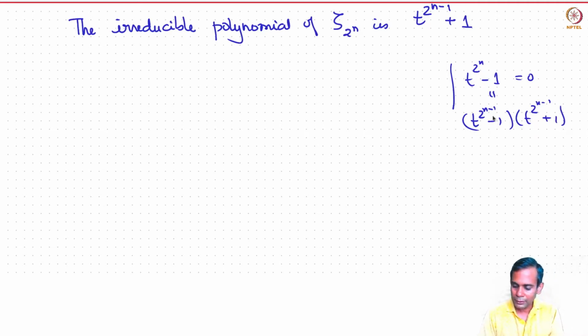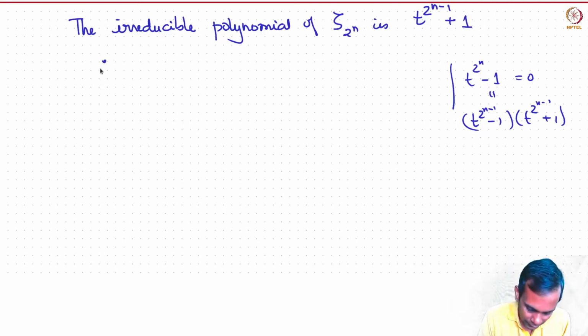The first factor factorizes further and further, but this one turns out to be irreducible by applying Eisenstein's criterion after substituting t by t plus 1. So this is an irreducible polynomial and it is satisfied by zeta 2 to the power n.